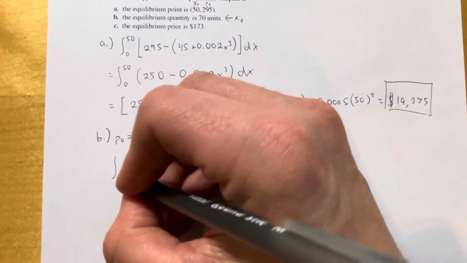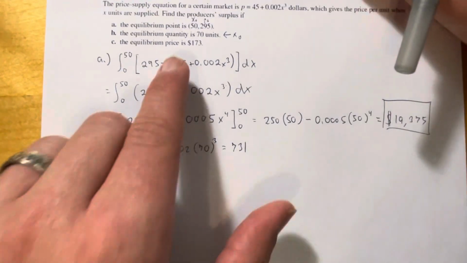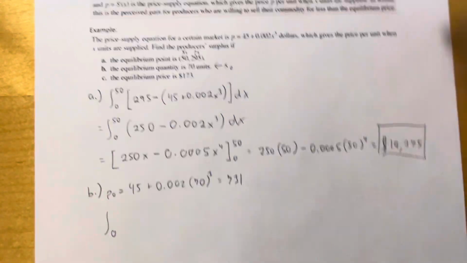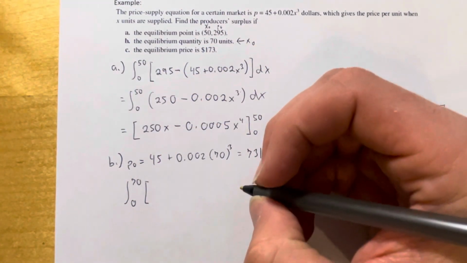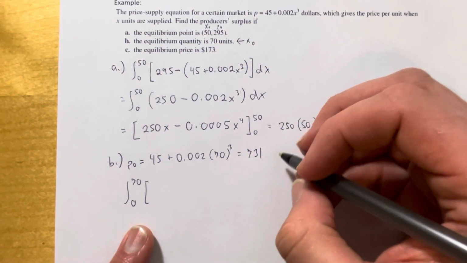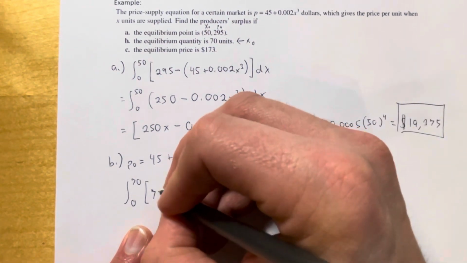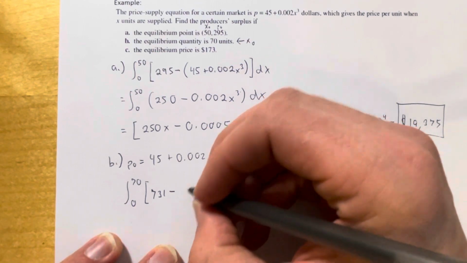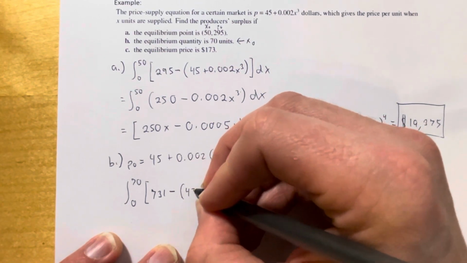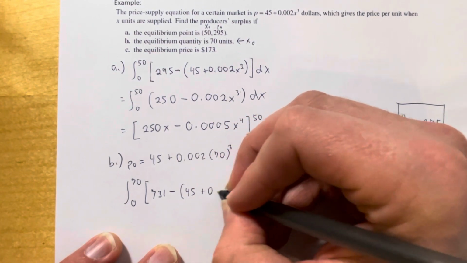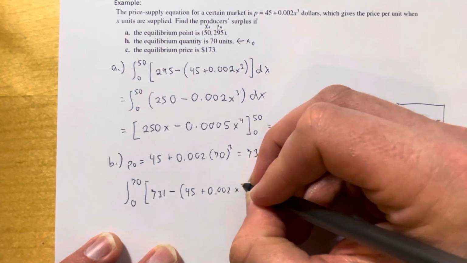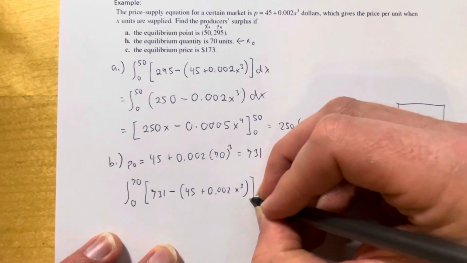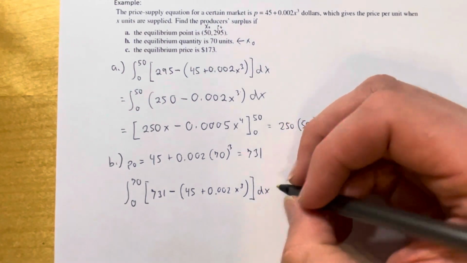So now I'm going to set up my integral. The integral goes from 0 to our equilibrium quantity, which was 70, of the market price, 731, minus my price supply curve, which we put in parentheses, 45 plus 0.002 x cubed, and then we've got our dx here.